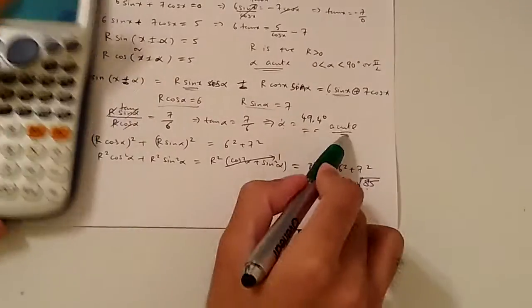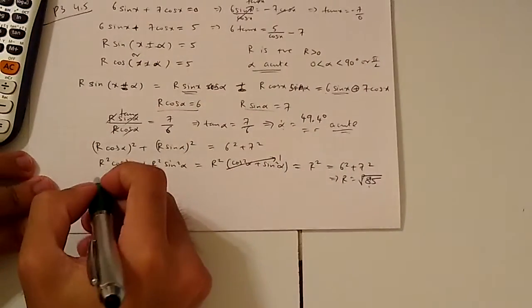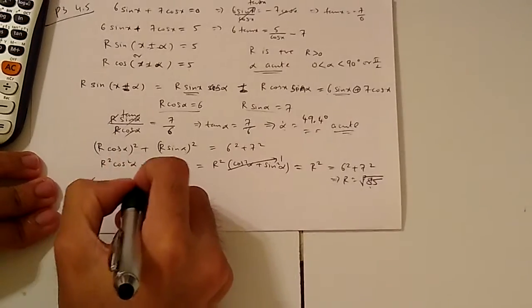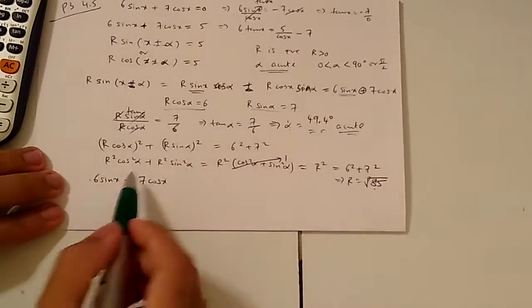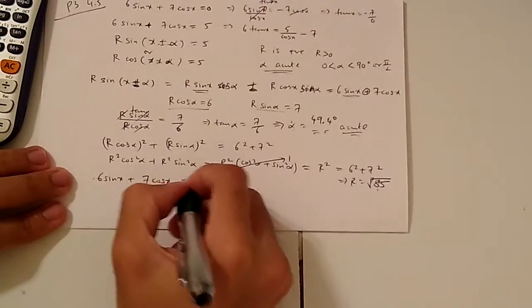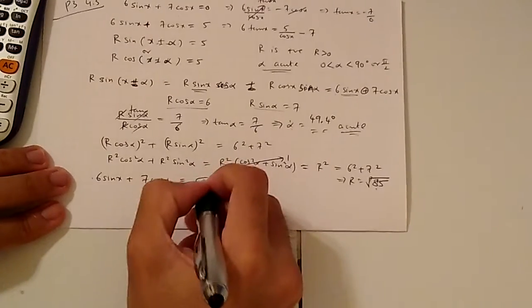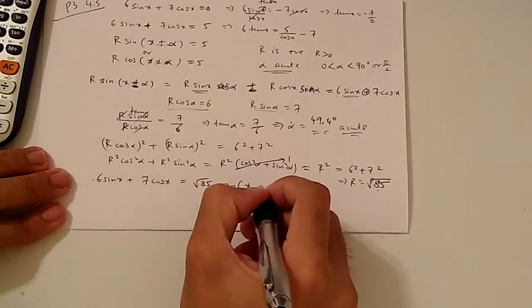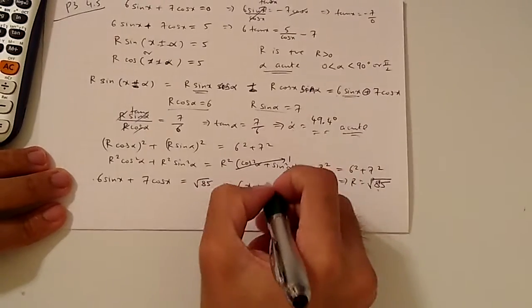Substitute this back into this expression, and therefore 6 sin x plus 7 cos x is equal to root 85 into sine of x plus 49.4 degrees.